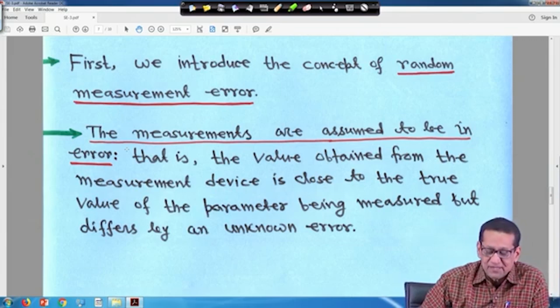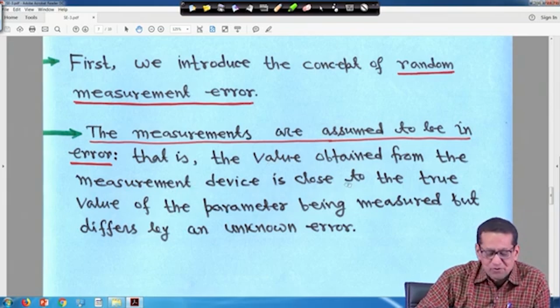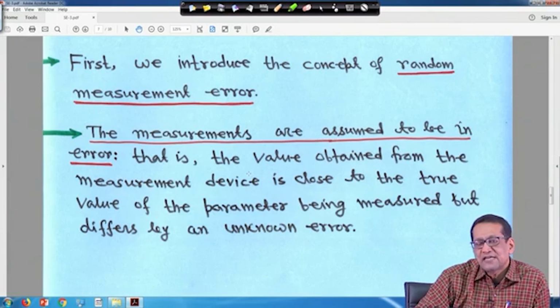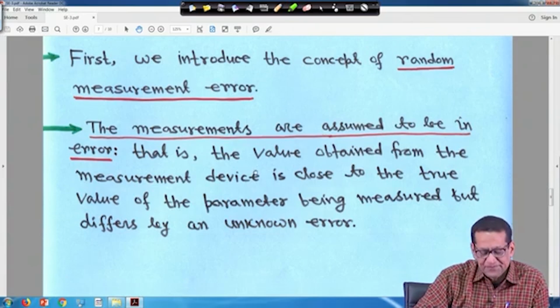So, the value obtained from the measurement device is close to the true value of the parameter being measured, but differs by an unknown error, because the measurement is not exact, it is inexact. So, some error will be there.